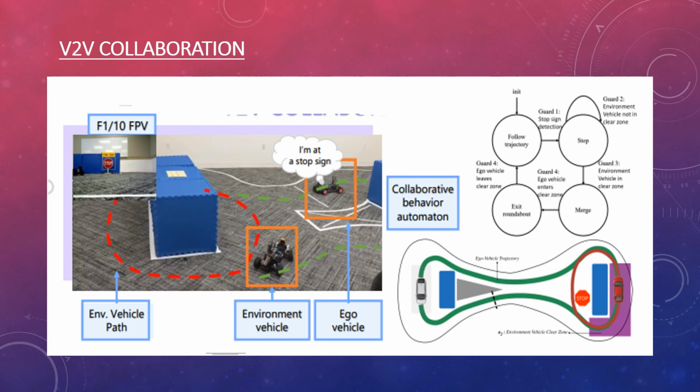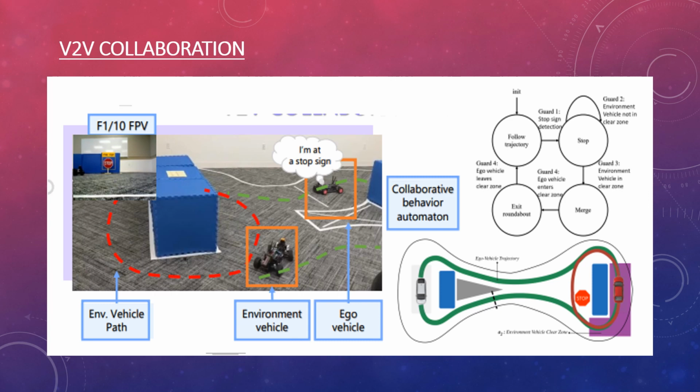Then we will do a collaboration within V2V, which is between robots or vehicles. We will set signage and tags for the robot to follow the path, and we will see whether the robot follows.